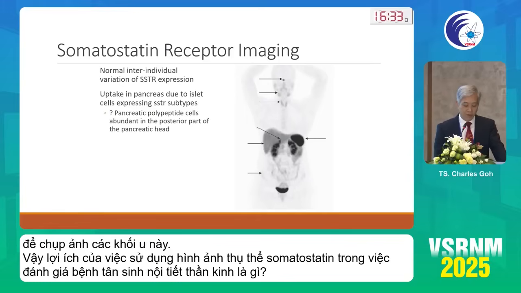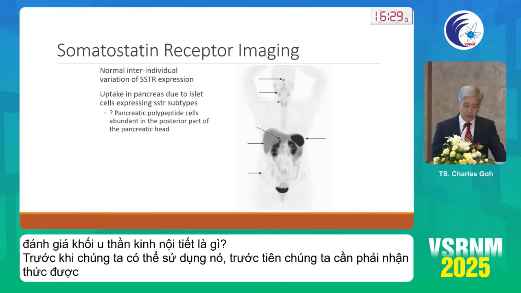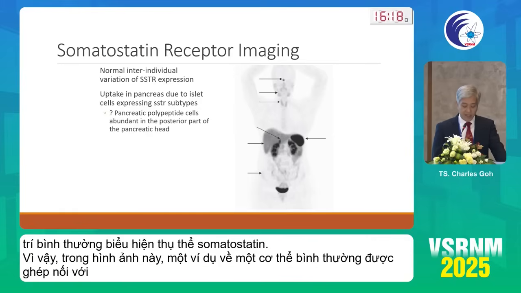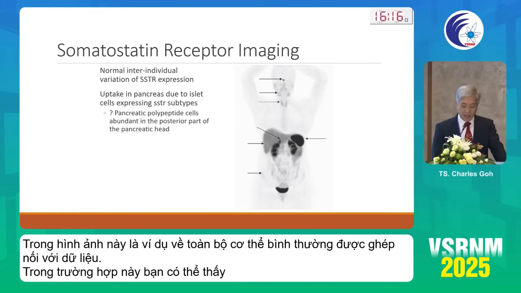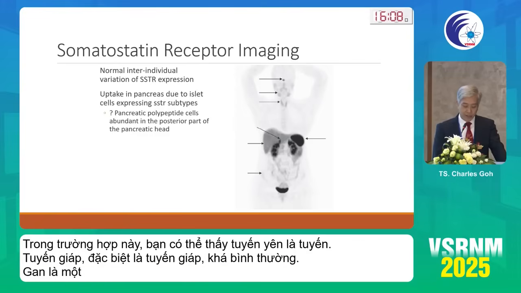Before we can use it, we first need to be aware of the normal sites that express somatostatin receptors. So in this imaging example of a normal whole body PET with DOTA-TATE, we can see the pituitary gland, the salivary glands, the thyroid, especially the spleen, which is quite avid, the liver, adrenals, and in the urinary system, there is quite a fair amount of tracer.